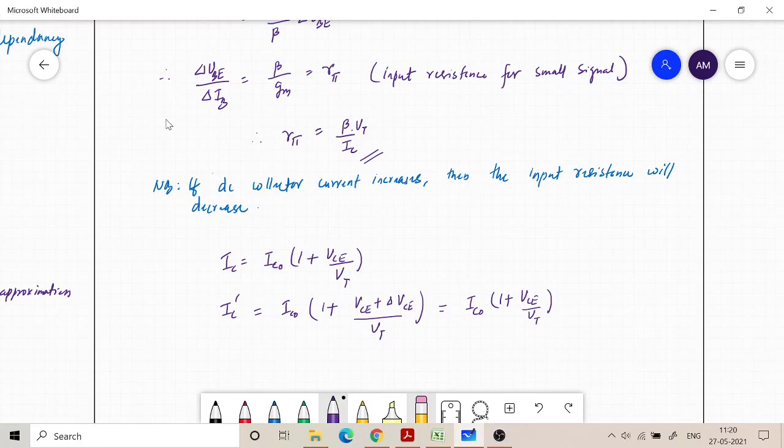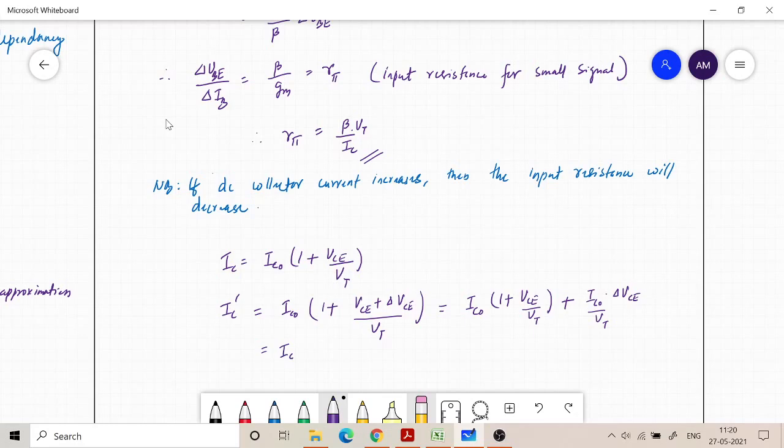Plus, what else is there? We have an additional term that has come, which is IC0 into delta VCE by VA. Now what is this? This is our IC.